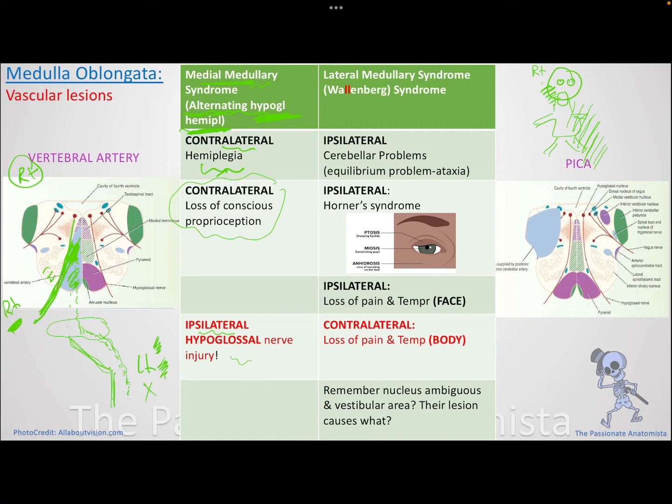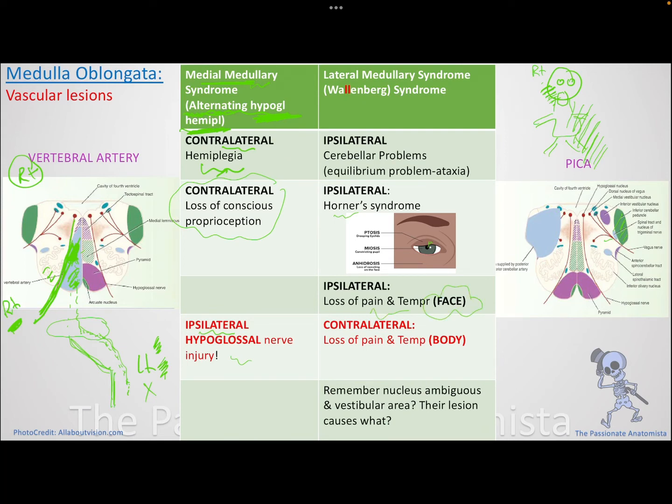Okay, what happens in the lateral medullary syndrome? It's all, you guys, related to the sensations. It's in the lateral part of your medulla. Can you guys remember everything that you have? You have the pain and temperature, you have your cerebellar peduncle, so you will have cerebellar problems, ataxia, you have your autonomic fibers descending at that level, so you'll have Horner's syndrome, which is ptosis, miosis, anhidrosis, all right, and ipsilateral loss of pain and temperature of the face, because of what, guys?